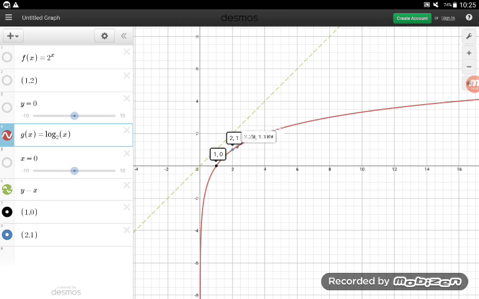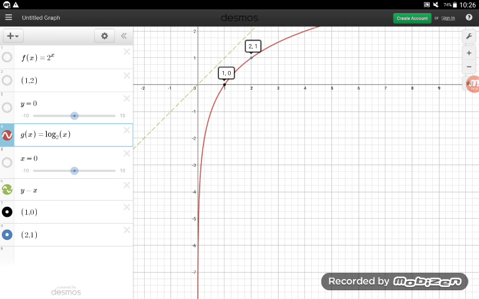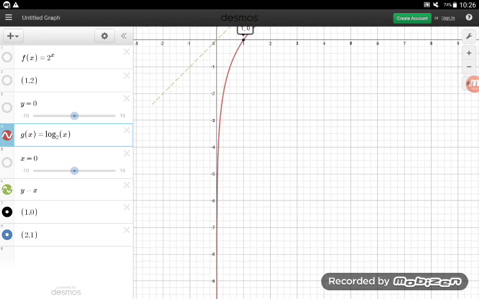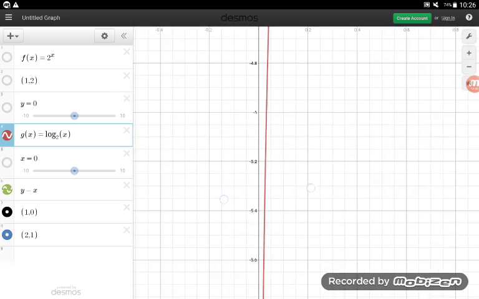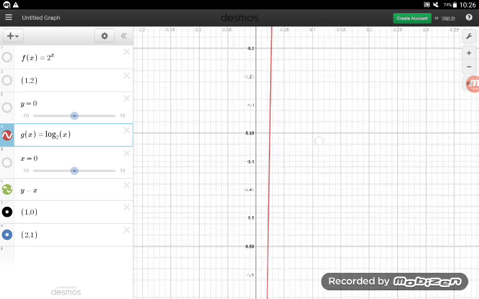But if I go to the left, as my x gets very close to 0, you see what happens: my y becomes very negative. So if I go to the left hand side of the graph, it seems as if it's going to touch the y-axis, but you only get closer and closer.